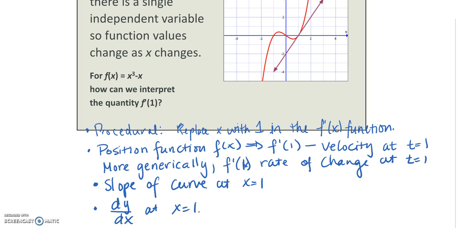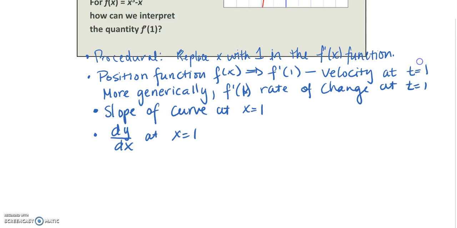So the point here is that there are many interpretations of what f prime at 1 actually means. Which one of these meanings we choose to use really depends on the context in which we are looking at a derivative.